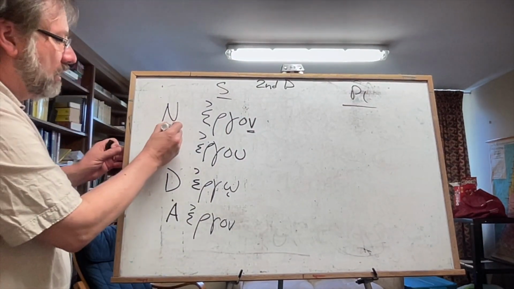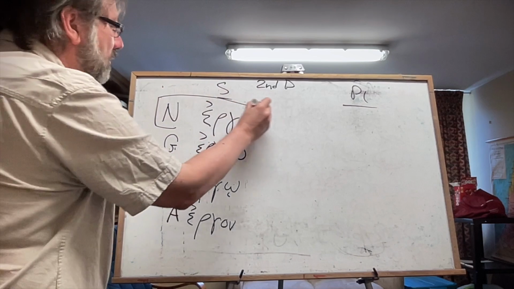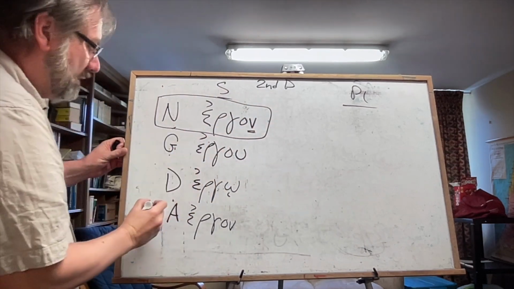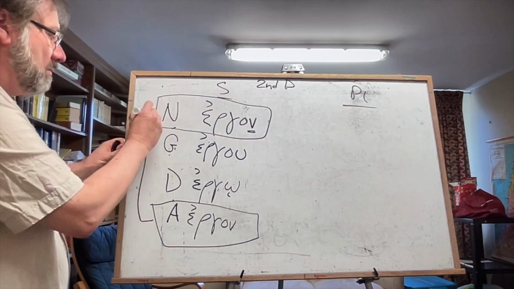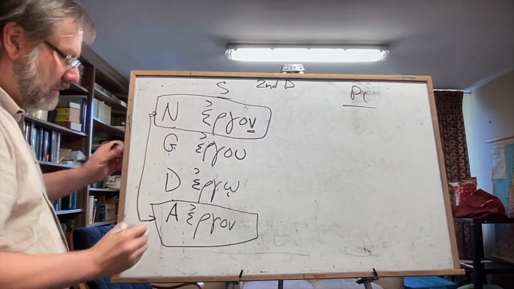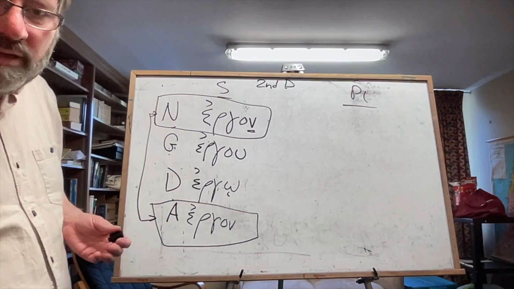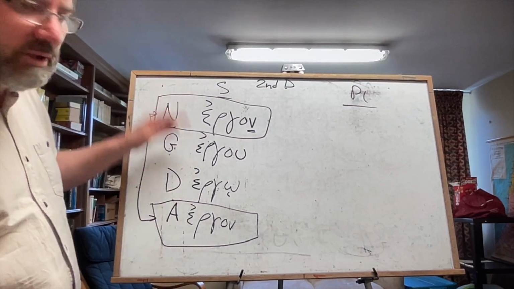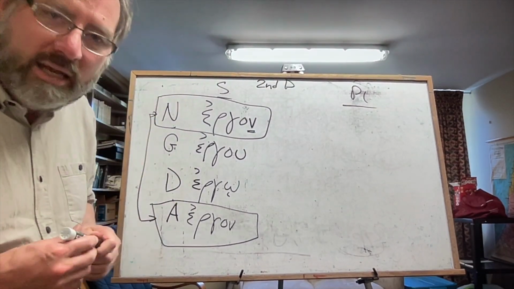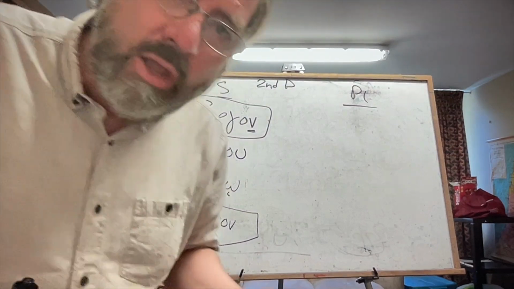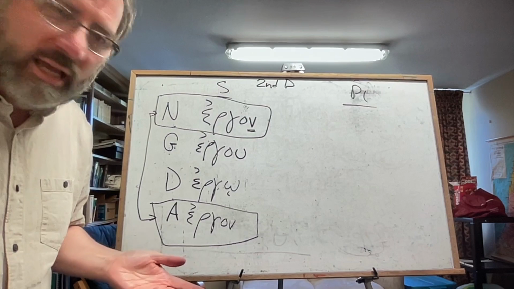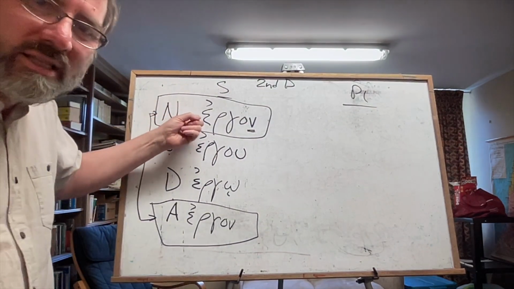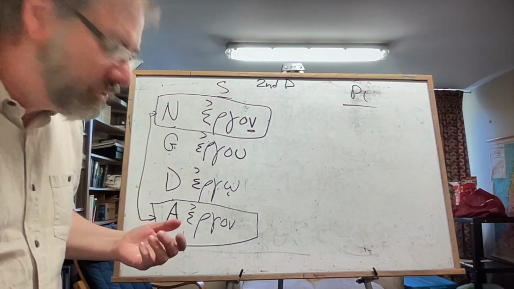Also notice that the nominative form is exactly the same as the accusative form. That's another helpful hint. And how do we tell the difference when these two forms occur in a text? Again, context. The nominatives will always be acting as the subject.